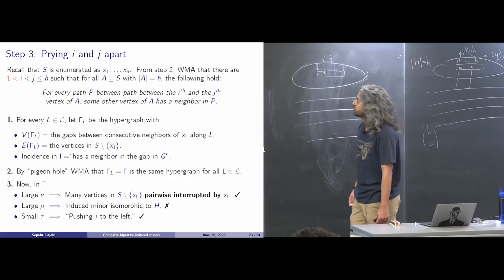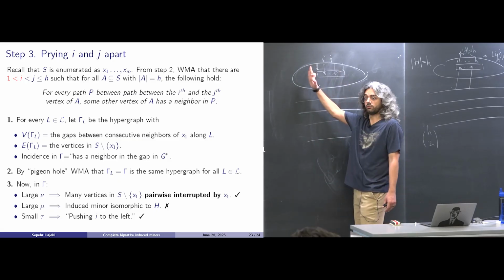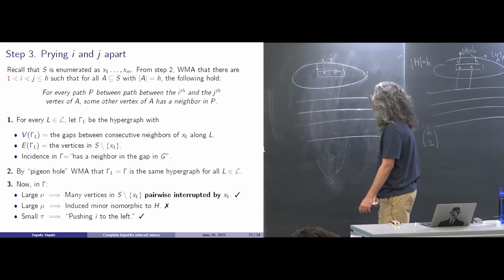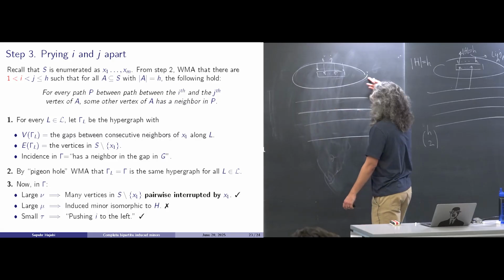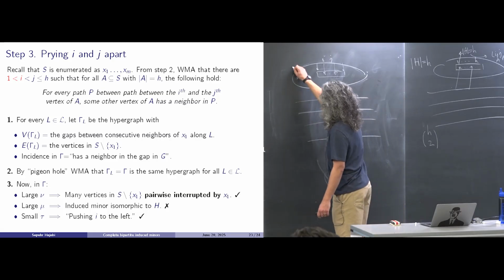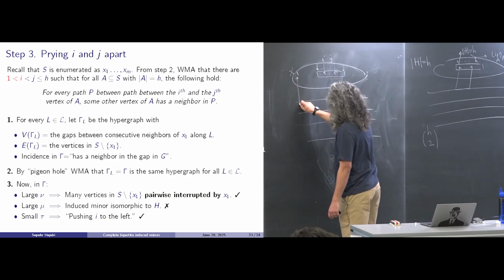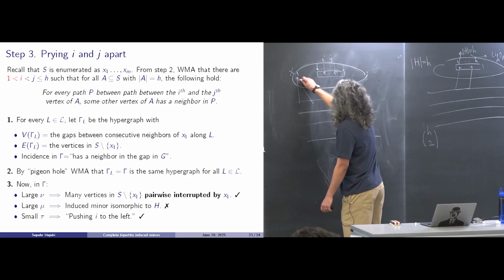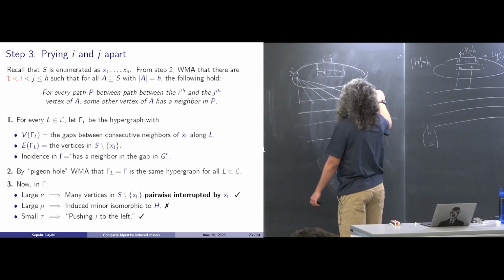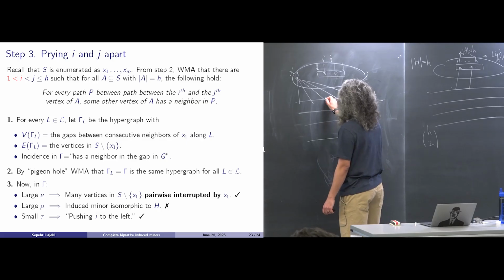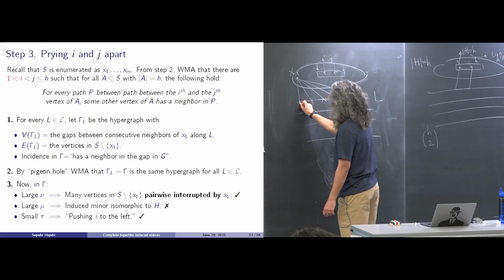So what I'm going to do now is to try to push i to the left. There's this linear order of vertices here. Think about the first vertex, let's call it x1. And now think about the neighbors of x1 along one path. This is going to give you the gaps within consecutive neighbors.